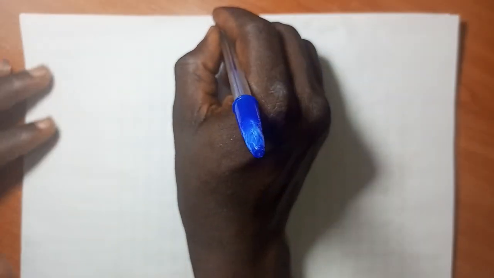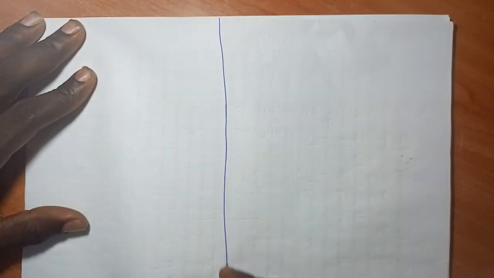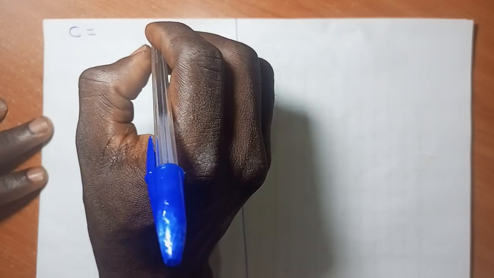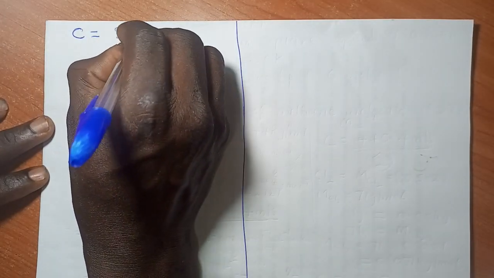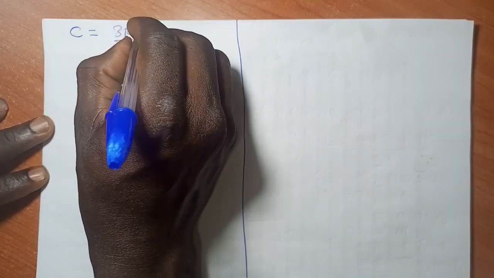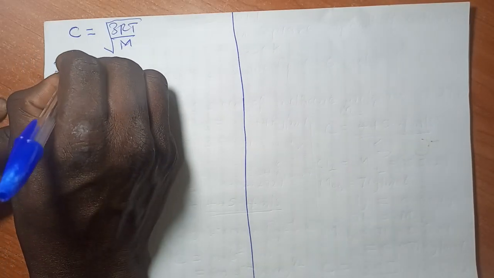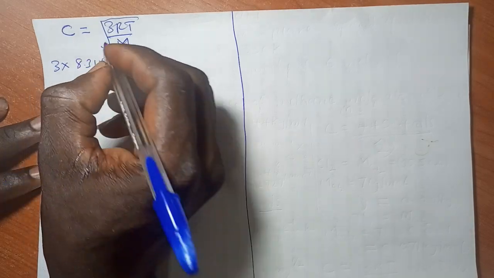So with the details you already have, you can now take that, which means mean square speed is equal to 3RT over capital letter M, which is the molecular weight. That will give you 3 times 8.314.